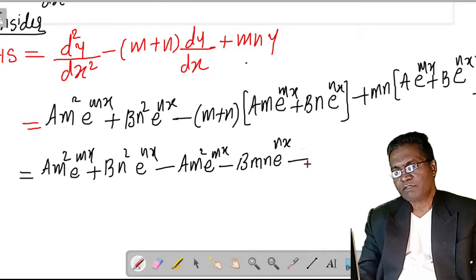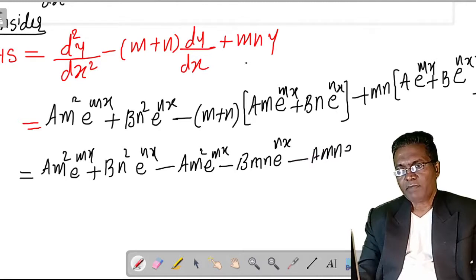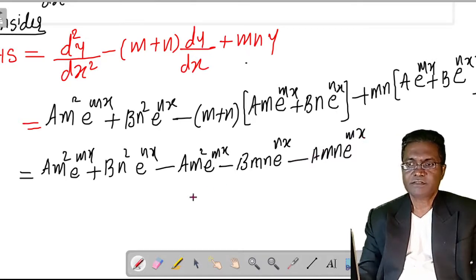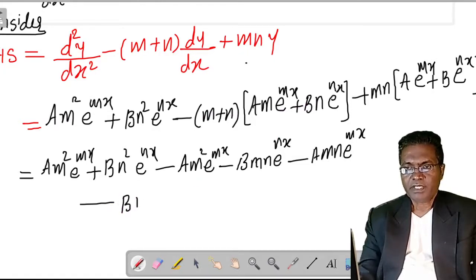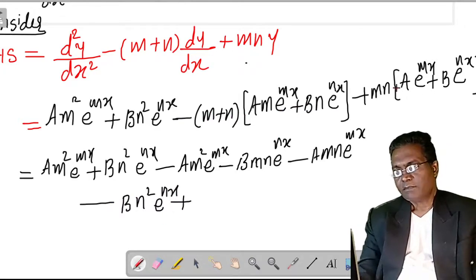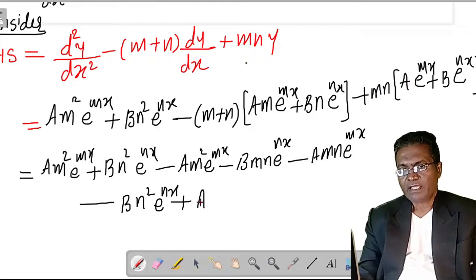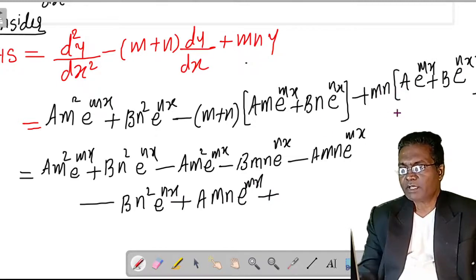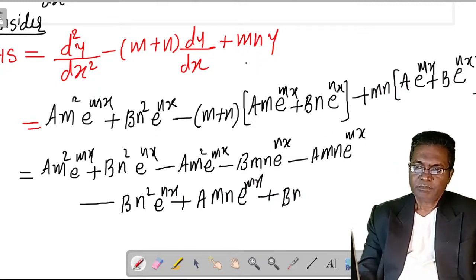Next n into this, minus a mn e power mx, and minus into minus, plus, n into this, b n square e power nx, plus this into this, a mn e power mx, plus mn into b, mn e power nx.